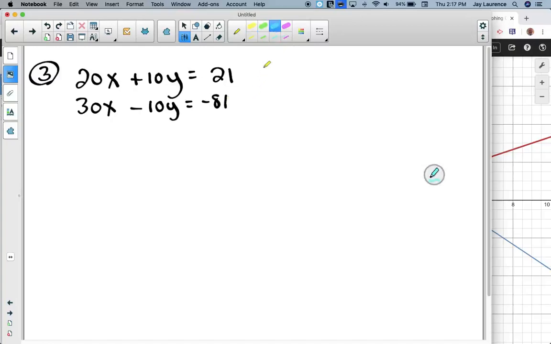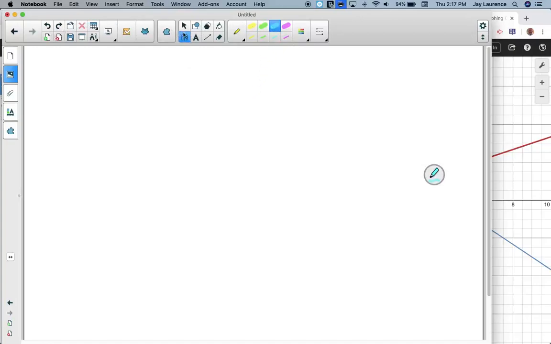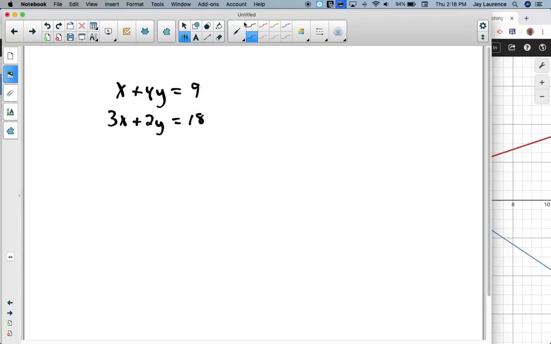Like, for example, this isn't a great example of that, but if I had a system that looked like this, where I have x plus 4y equals 9 and 3x plus 2y equals 18, I don't know if you know which variable to solve for.